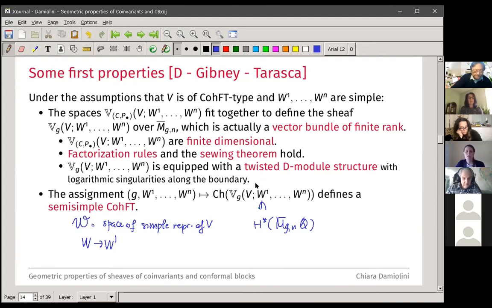So the reconstruction theorem really boils down to knowing the TQFT.